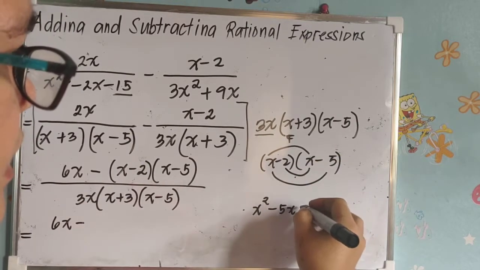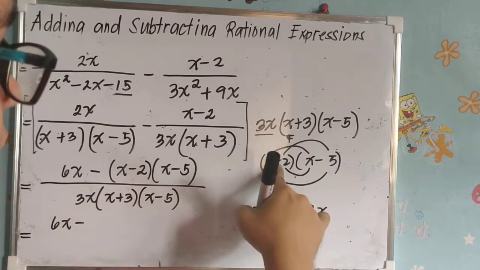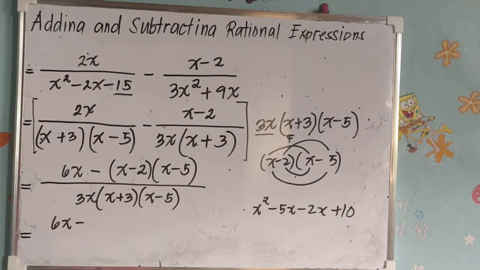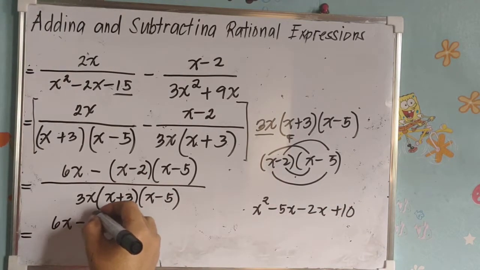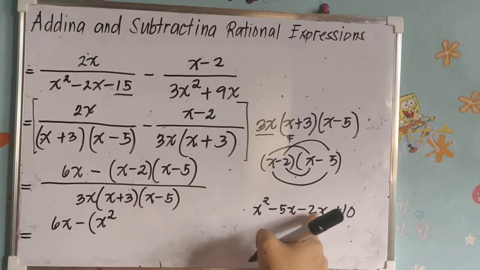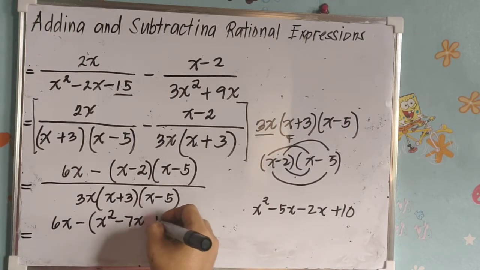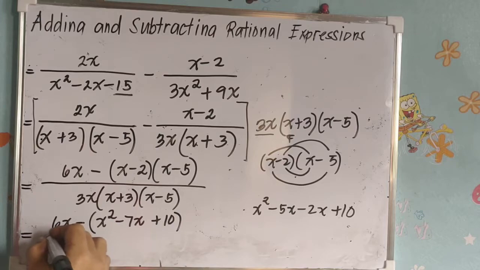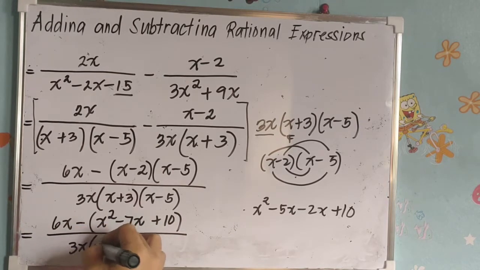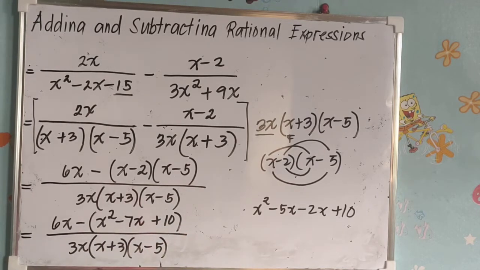The inner terms, negative 2 times x is negative 2x. And the last terms, negative 2 times negative 5 is positive 10. So therefore, we have x squared, negative 5x minus 2x is negative 7x, plus 10, all over 3x times the quantity x plus 3 times the quantity x minus 5.